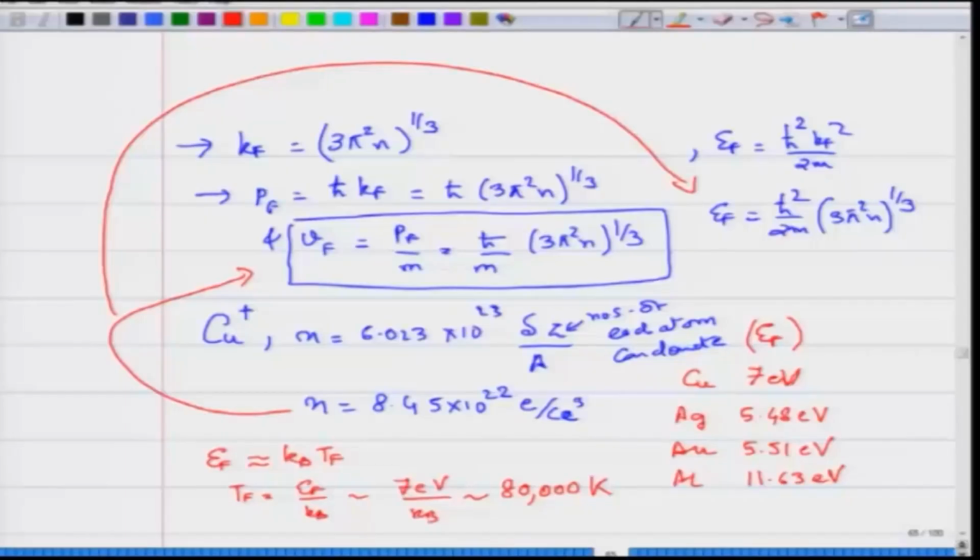So, this temperature associated with these energies is far larger than the actual temperature of the system. The metal is maintained at 300 Kelvin or so, but the Fermi energy is far larger than the temperature at which the metal is being held. It is not related to the thermal fluctuations inside the system, and that is the concept of the Fermi energy.